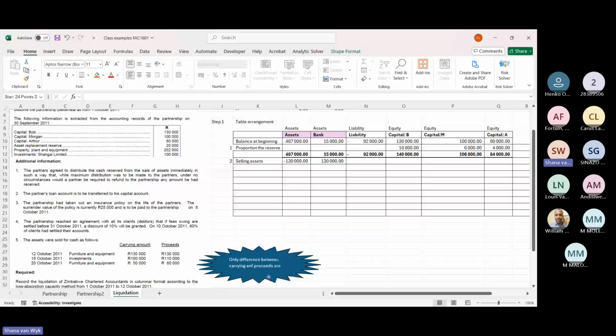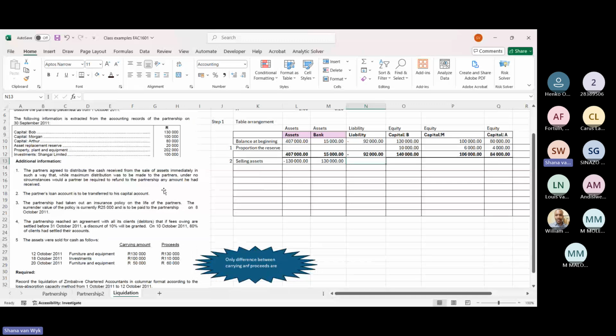Okay, so selling of assets. So we're happy with number 1. We got everything there. So now we got it from the bank. Now we need to pay off our liability, and then if we paid off our liabilities, then we can go on with the adjustments.